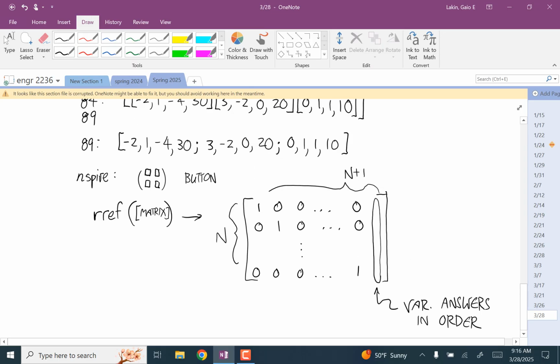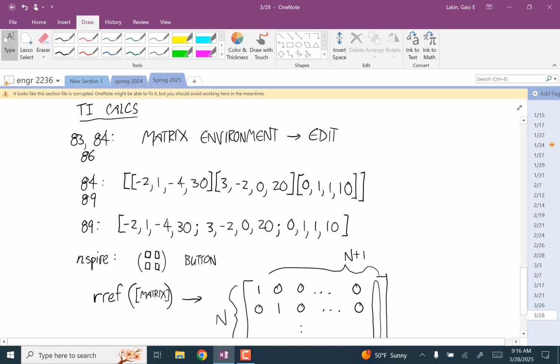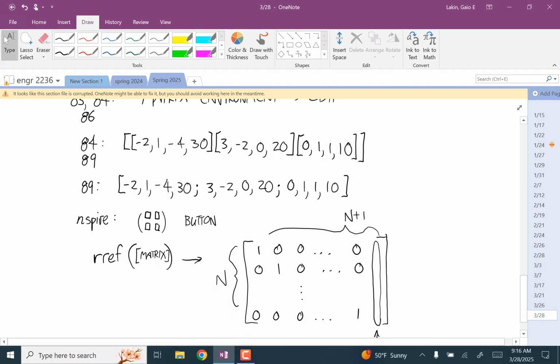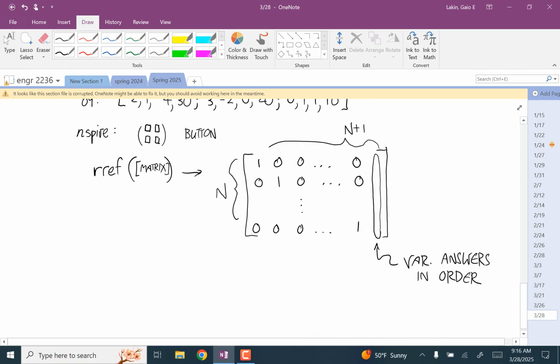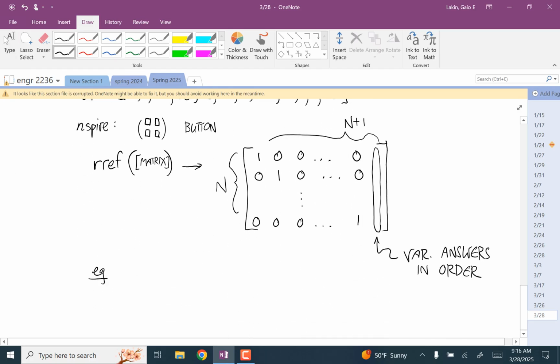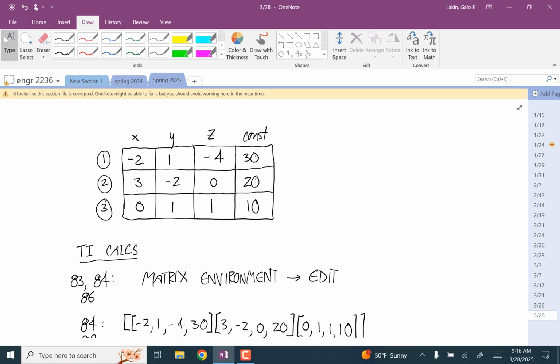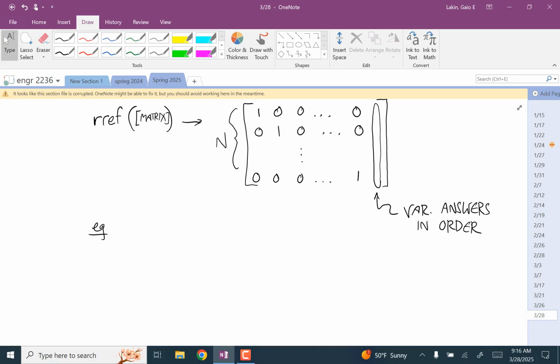Okay, so if you have an Inspire or an 89, there's also another linear equation solver, but you can always do it in reduced row echelon form. For the example above, we have our augmented matrix. So I'm going to enter that into, I have an 89.